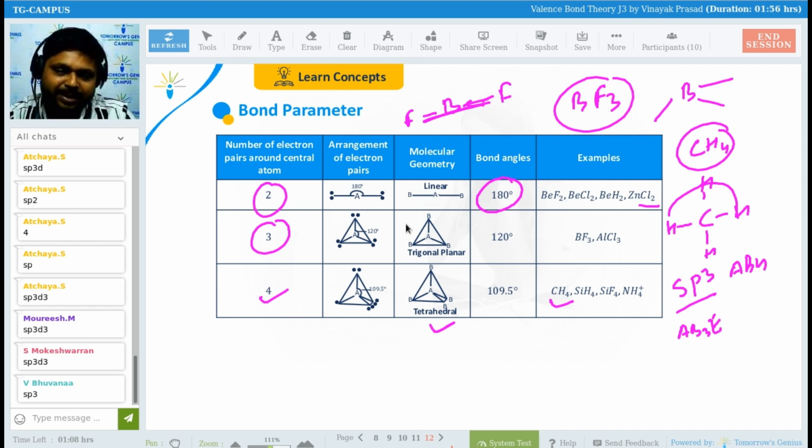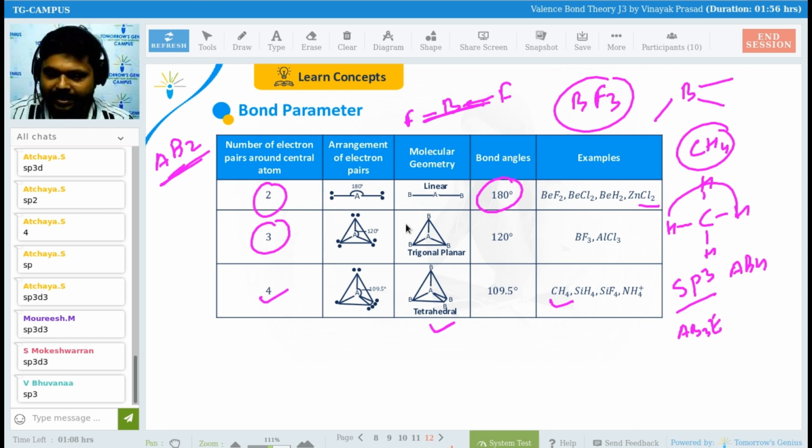See guys, the shape can be different, right? Shape can be different, but geometry can be the same. If let's suppose there is AB2 type, the geometry will always be the same, but the shape can be different. Shape can be either linear or it can be bent, right? How many of you are getting this? Shape can be different, but geometry will be the same.